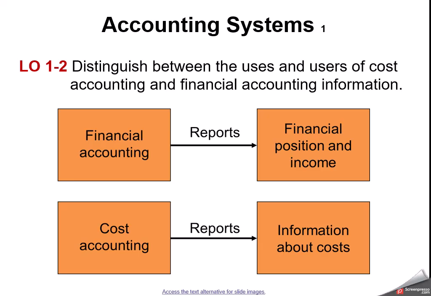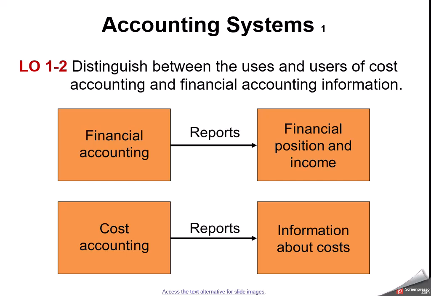From an accounting system standpoint, we're distinguishing here between financial accounting, which is when we prepare our various reports, like our annual report, our 10K and our 10Q. Inside those reports, we've got our balance sheet, our income statement and our statement of cash flows.